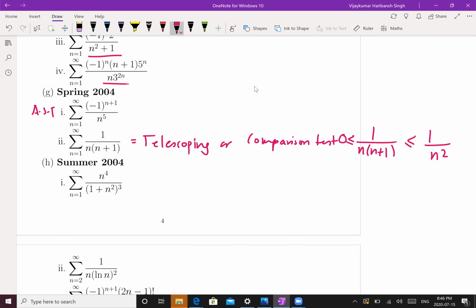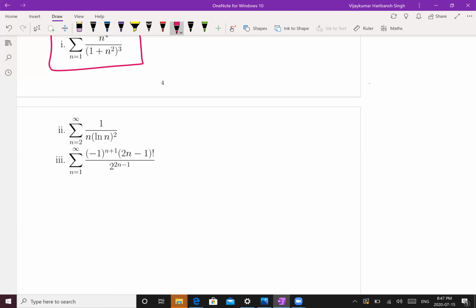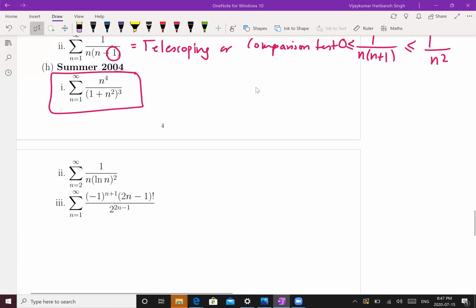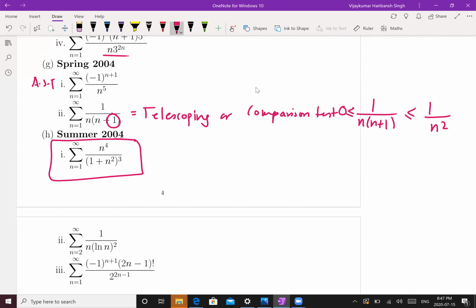Now, when you look at this series, in this case, before you devise your strategy, you should see whether it will converge or not. So this is roughly going to be n to the 4 by n square the whole power 3, which is n to the 4 over n to the 6.